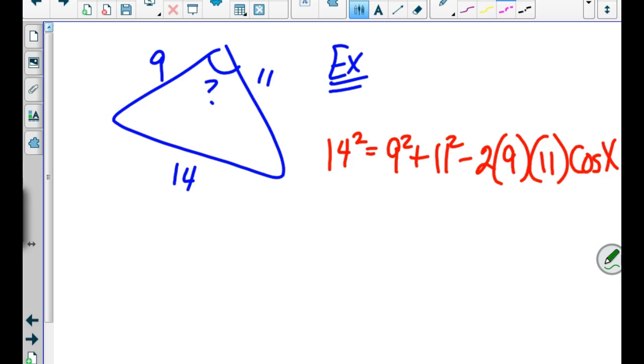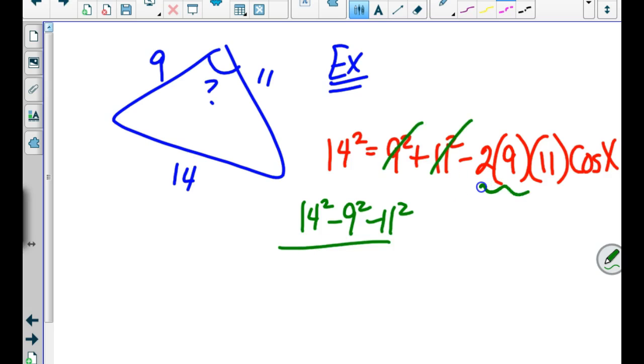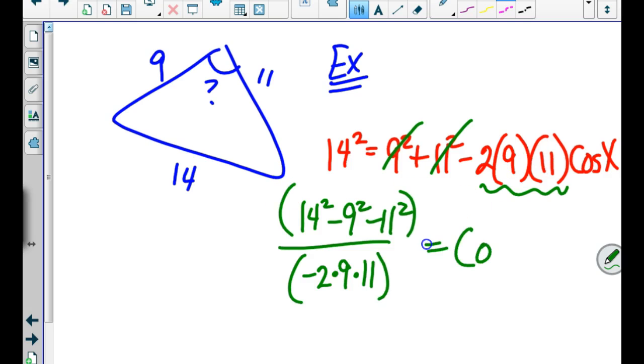But how do we type this in to get it right? I have to do 14 squared and then what? Okay. And then I've gotten rid of these. All of this is multiplied, so I'm going to end up dividing by all of this, and that will give me the cosine by itself.